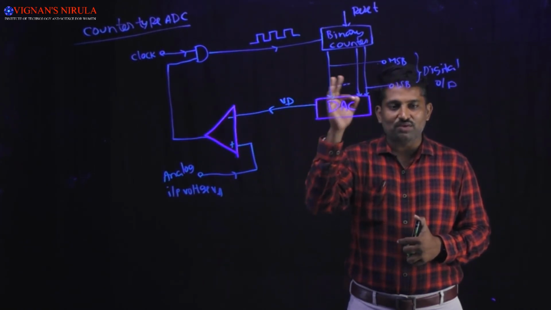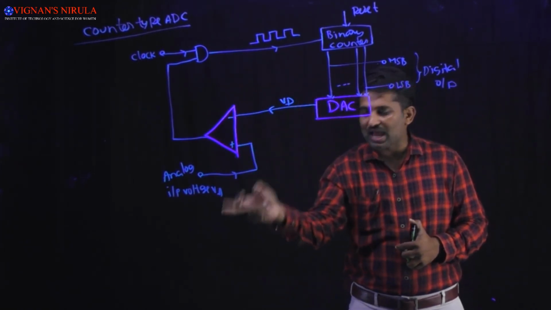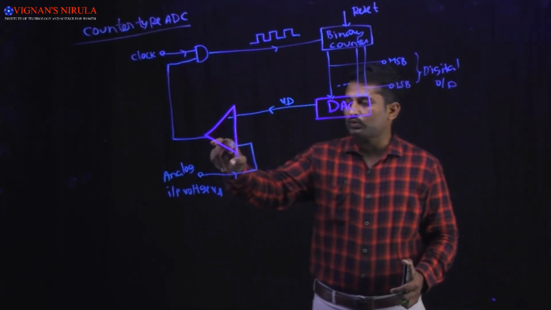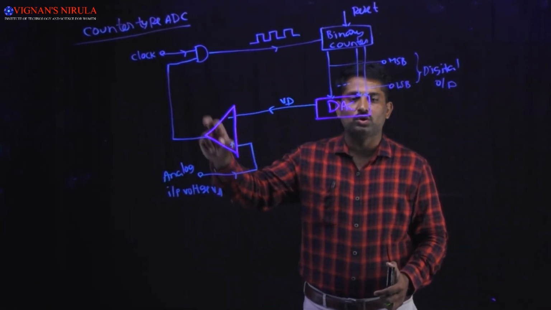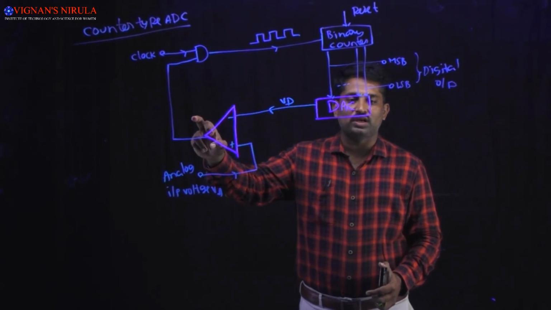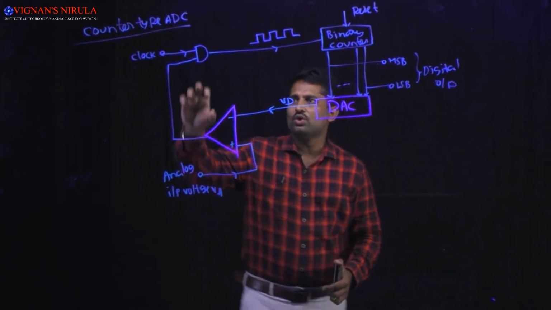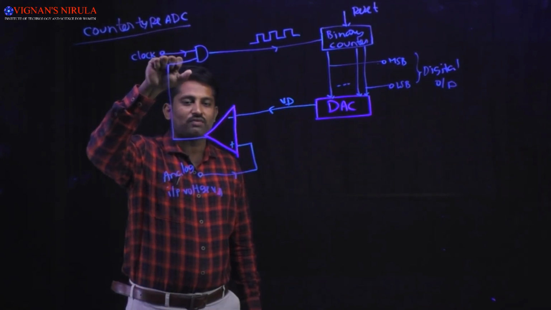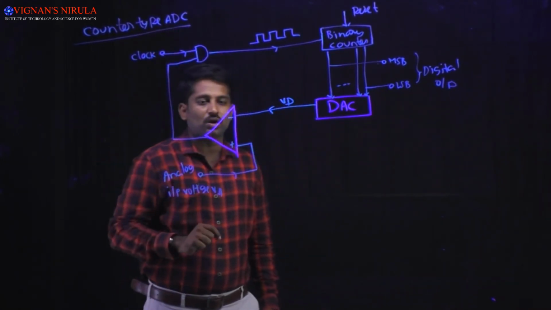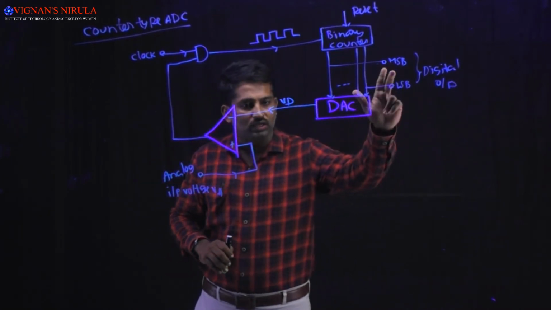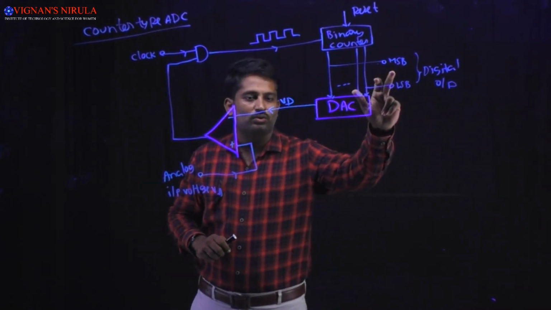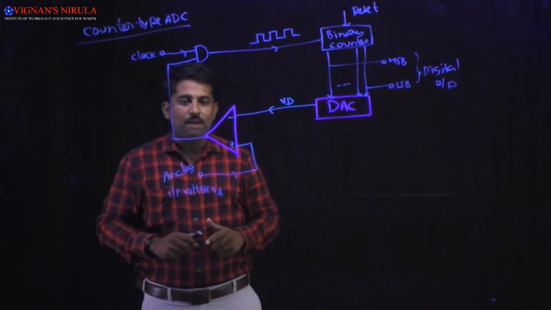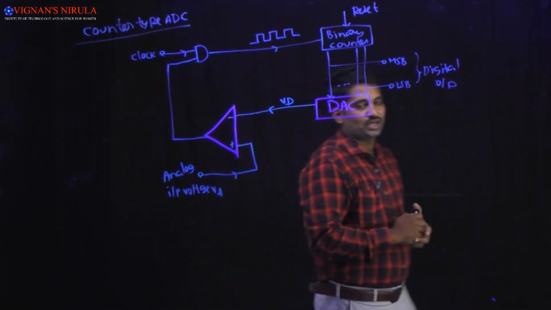Whenever the VD value is greater than the analog input value, the output voltage of the comparator goes low, which is 0 here, which disables the AND gate and stops passing the clock signals to the binary counter. The corresponding output of the binary counter is taken as the digital equivalent value for the applied analog input voltage.